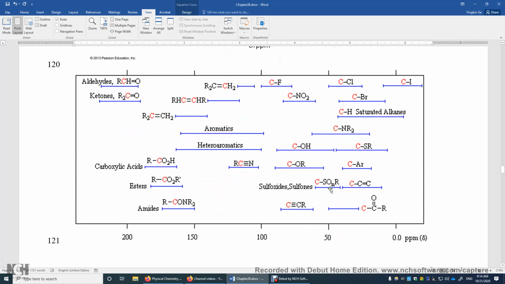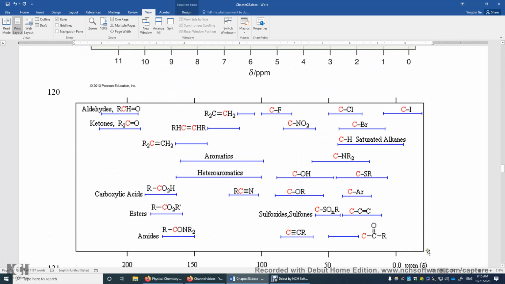This is the carbon 13 NMR. Again, those aldehydes, ketones, carboxylic acids, esters, they can reduce the electron density around the carbon 13 nuclei significantly in comparison to the reference.